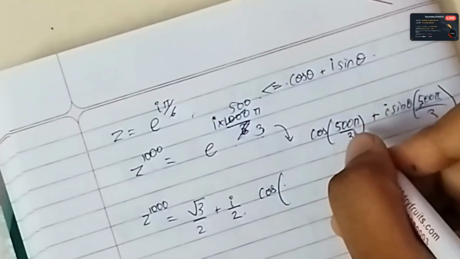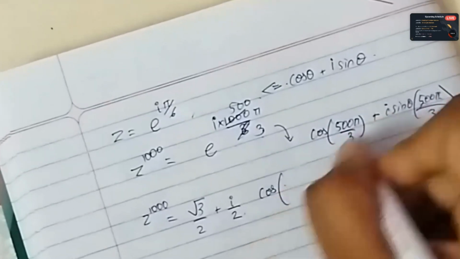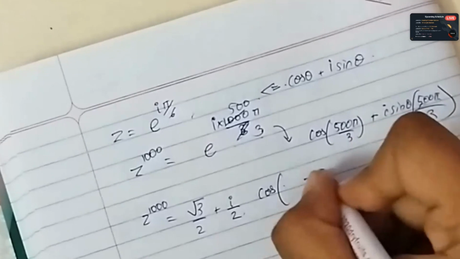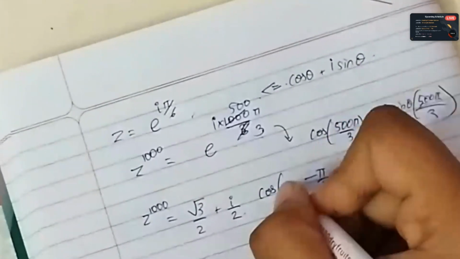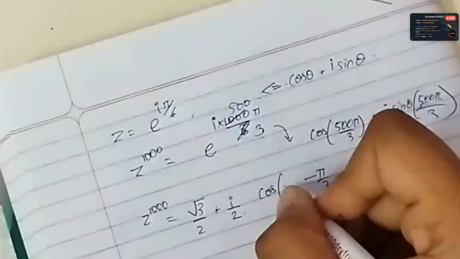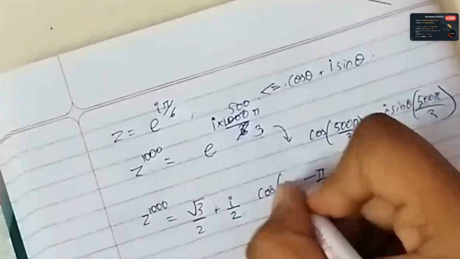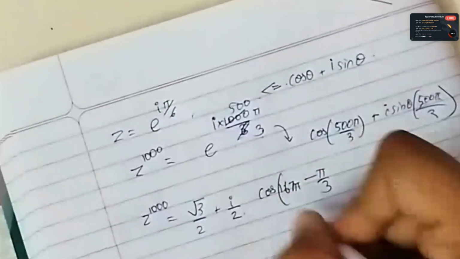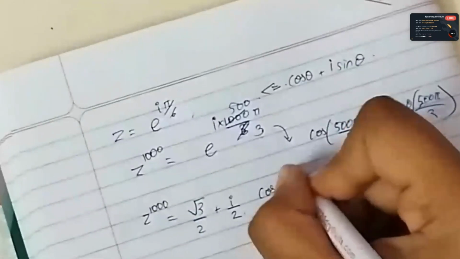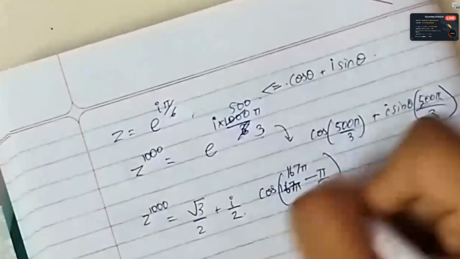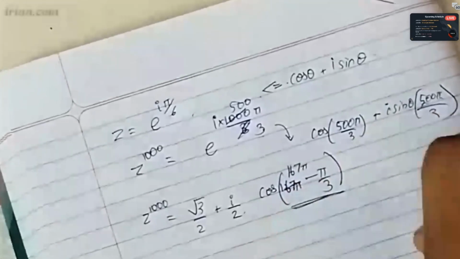So it's basically 500 pi by 3, that is 167 pi minus pi by 3. So this is the term.